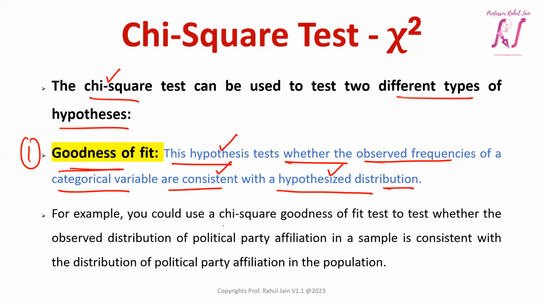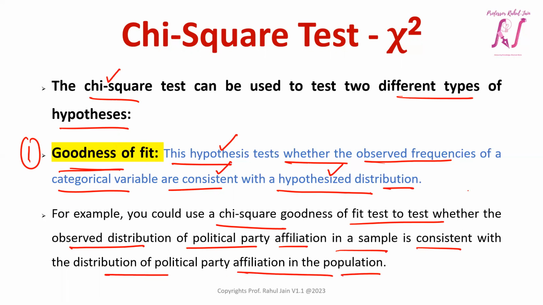For example, you could use the chi-square goodness of fit test to test whether the observed distribution of political party affiliation in a sample is consistent with the distribution of political party affiliation in the population. So whatever affiliation is there in the sample, is it consistent with the complete population or not?